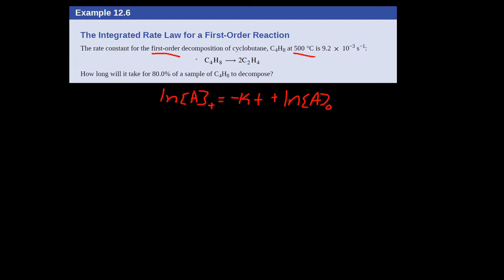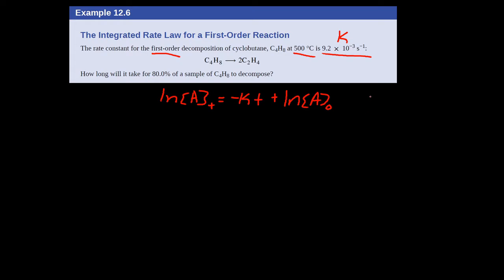Instead, what we are going to do is take the rate constant, which we are told right at the beginning is 9.2 times 10 to the negative third per second. So that is our k. And it also wants us to figure out how long it will take for 80% of the sample to decompose.